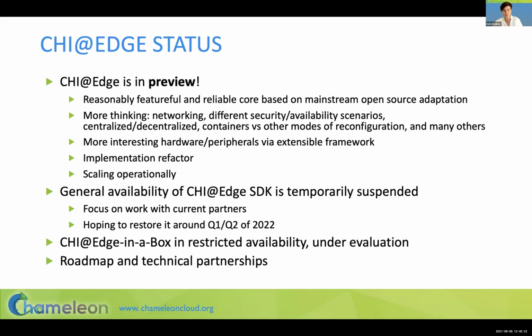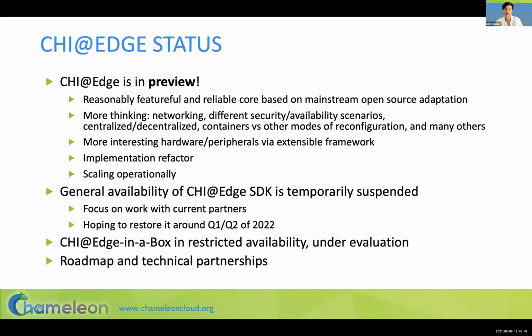For roadmap, we have some plans for the next few months, but essentially we organized this workshop in order to understand what features you want and to prioritize those features in our future development. And then, of course, we're looking for technical partnerships. So we're working already with OpenStack. We're meeting with various OpenStack projects next week.